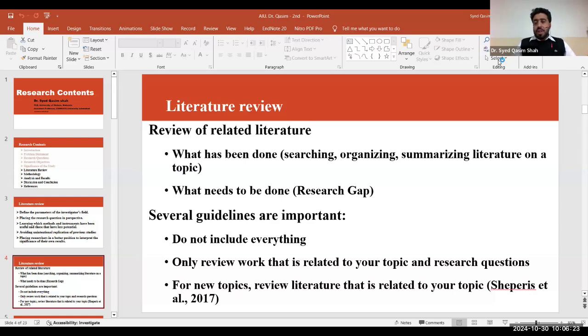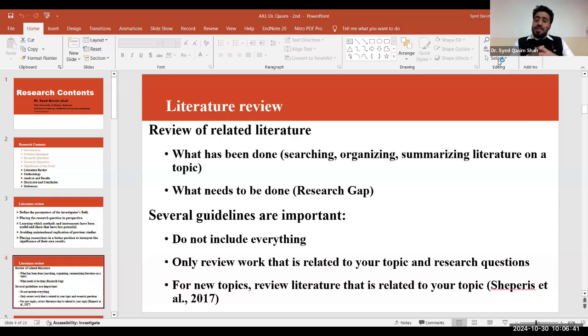So it gives you an idea of the research gap: from this literature review we have identified what has been done and what has not been done, so we are going to do this. It really helps you in finding your research gap.